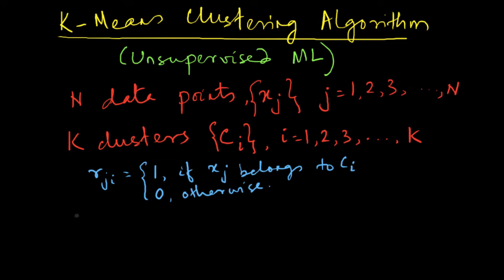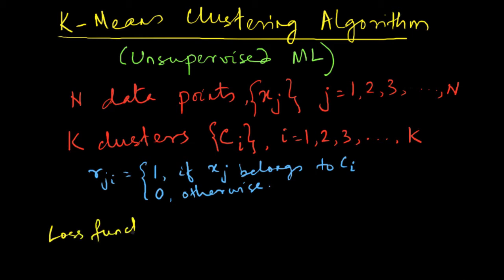As I mentioned earlier in this video, the K-means clustering algorithm is based on the concept of Euclidean distance, which means that you try to assign a point to a cluster depending on which cluster mean it is closest to. So let us denote the cluster means by the symbol mu_i.